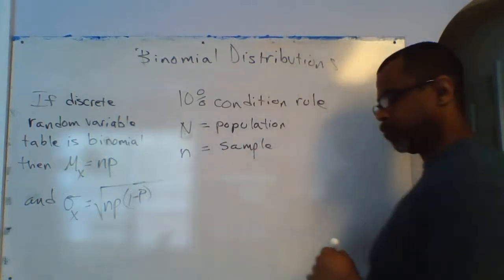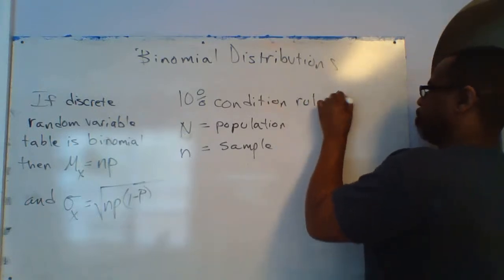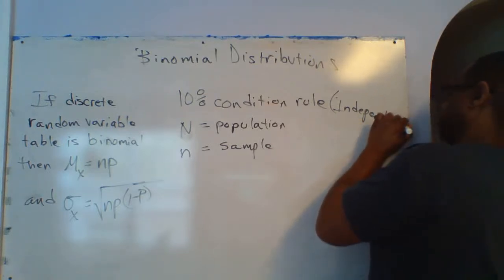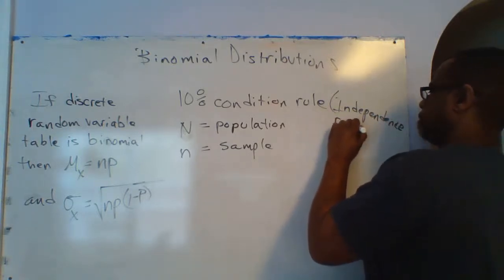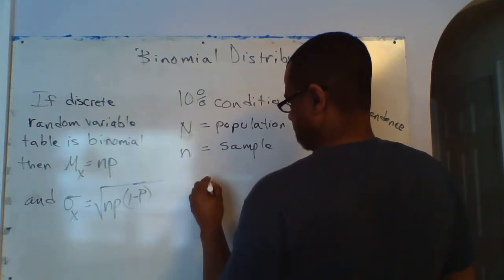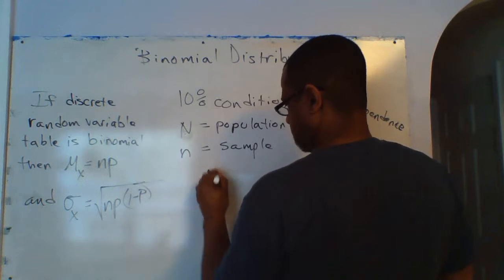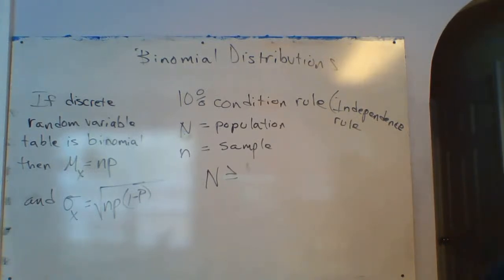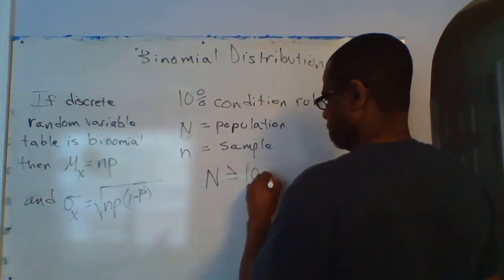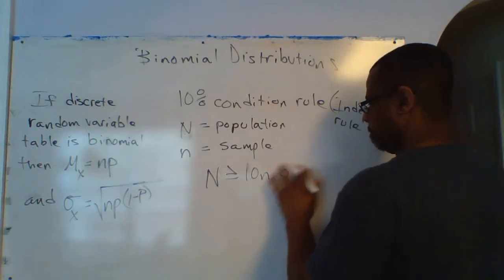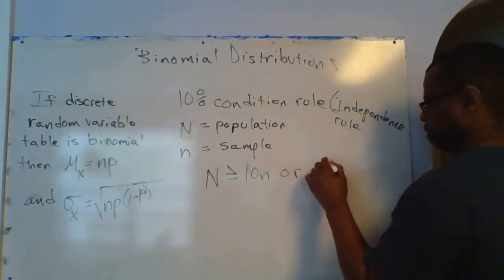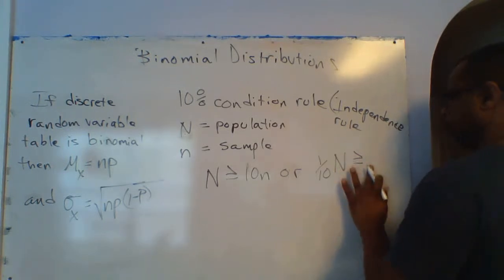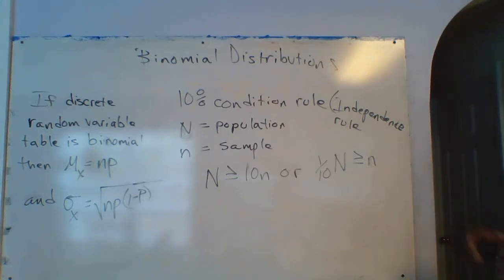And this is also your independence rule. That's your 10% condition rule.